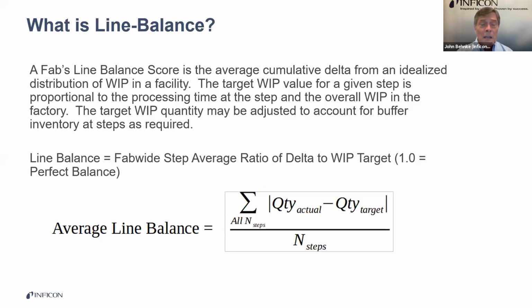When you're done, you take these target values of what you would like to have as an ideal state, and you look at the delta from the ideal state on every step, and you take the average of that. And that becomes an average line balance. If you were perfect, which nobody is, you would have a line balance even if you've got 600 steps of 1. That is not typical, but that is the way we measure, quantify, and track your ability to improve line performance.